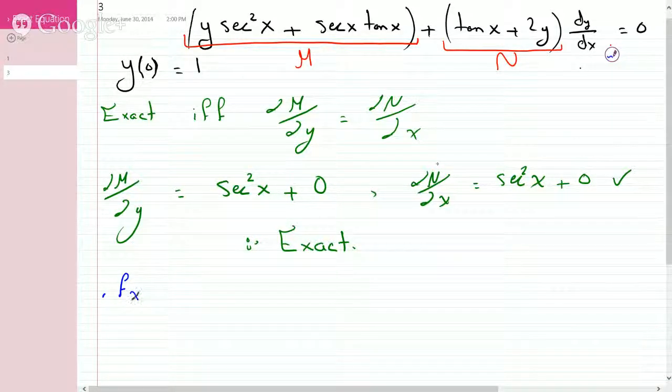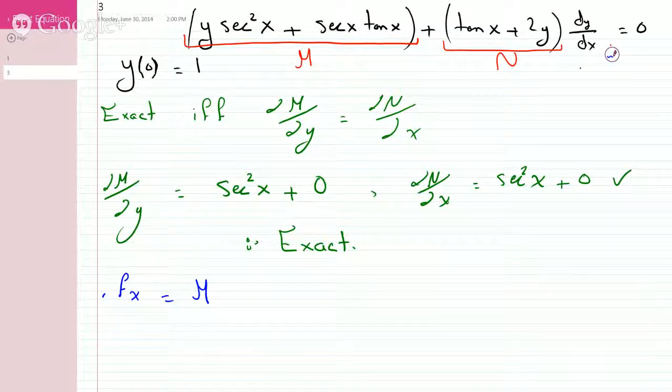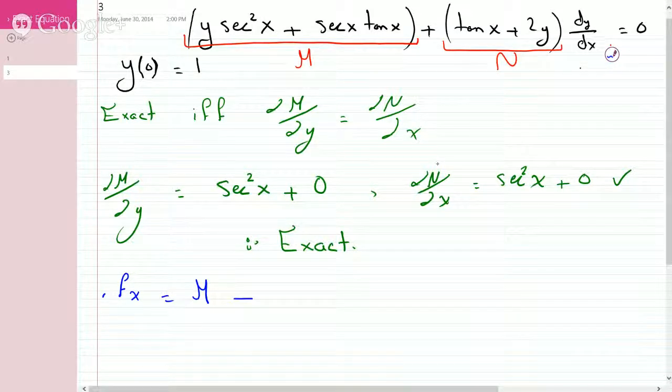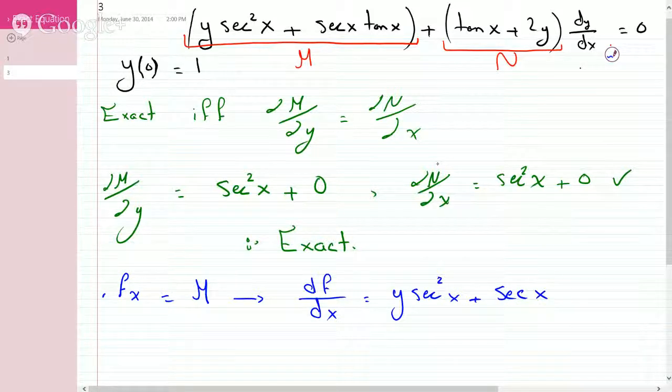partial with respect to x has to equal M. That means df over dx has to equal y secant squared x plus secant x tan x.